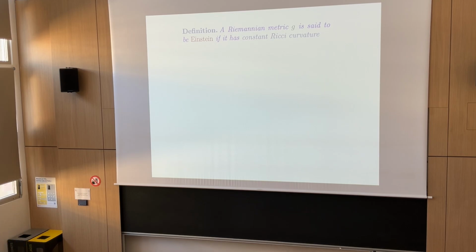All right, so in the first part of the lecture, we met the definition of an Einstein metric. It's one of constant Ricci curvature. And I now want to point out how, depending upon the dimension of the manifold you're looking at, the character of the solutions will vary wildly.